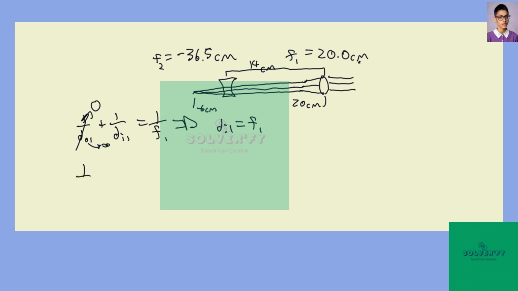which leads us nicely to the next lens maker equation. We have 1 over D object 2 plus 1 over D image 2 equal to 1 over the focal length 2. And we have D object 2, which is minus 6 centimeters. And we can rearrange to solve for D image 2.